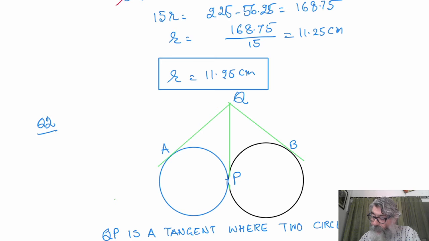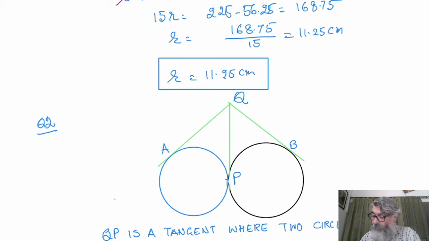From Q, QA and QB are tangents drawn to the circles. Circles are of different size.